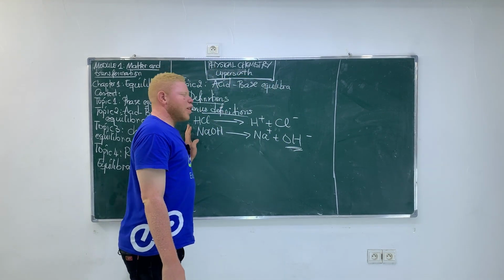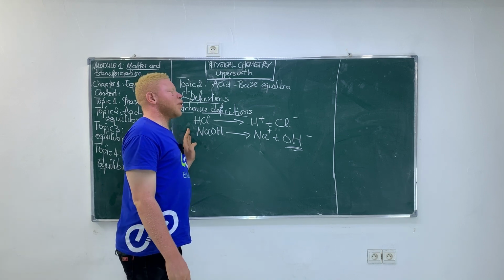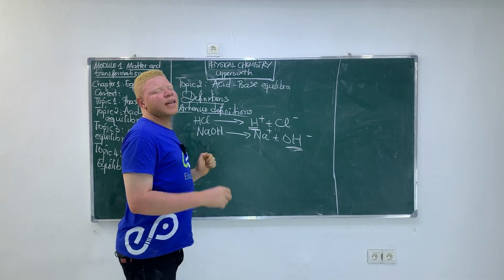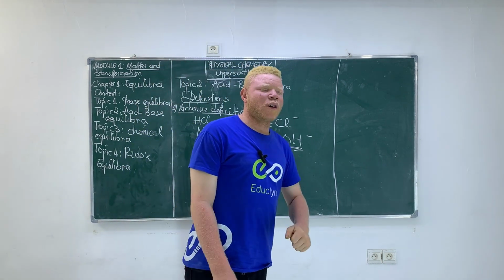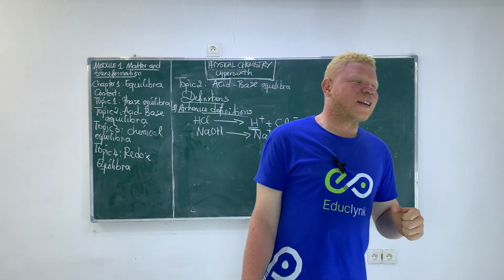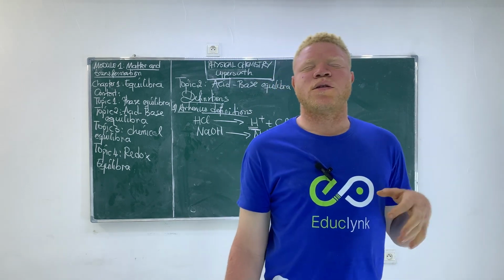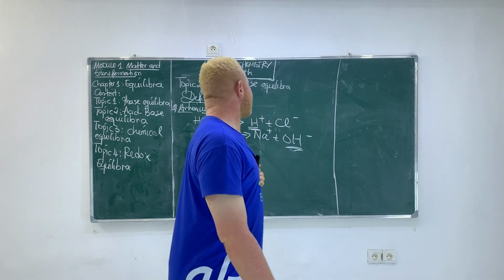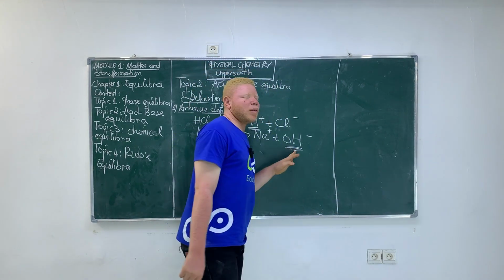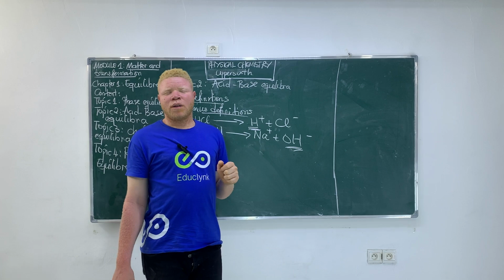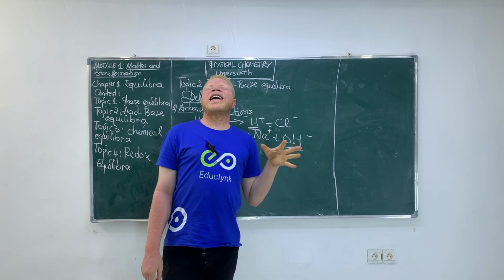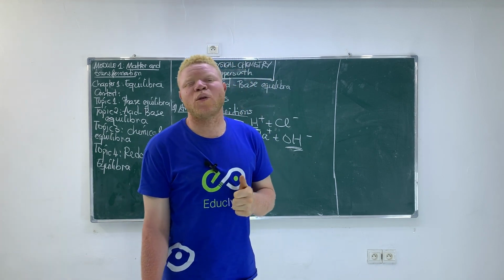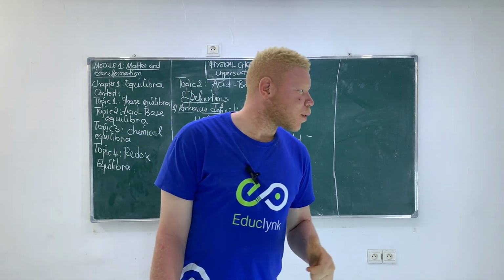On the other hand, an acid is a substance that ionizes in solution, producing H plus as the only positively charged ion. So according to Arrhenius, an acid is a substance that produces H plus in solution. A base is a substance that produces OH minus in solution. An acid is characterized by H plus, and a base is characterized by OH minus.